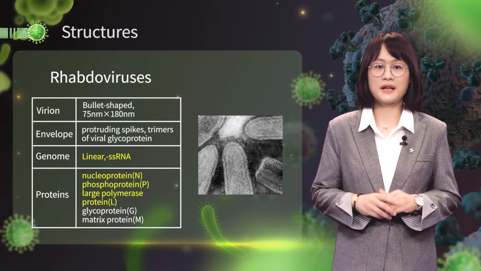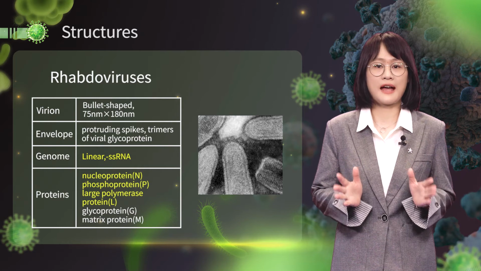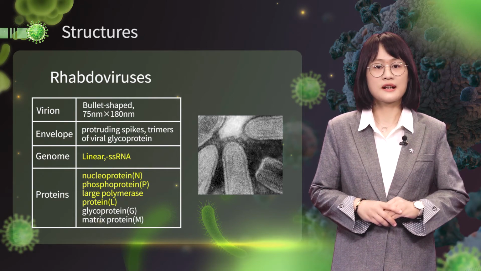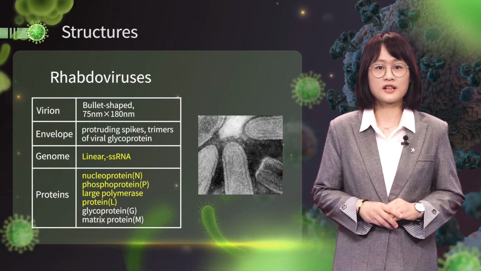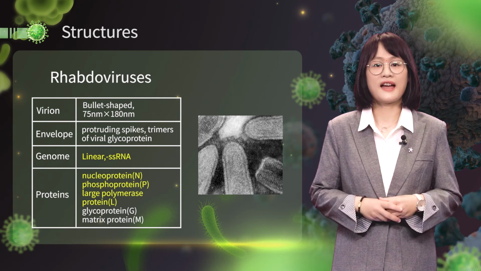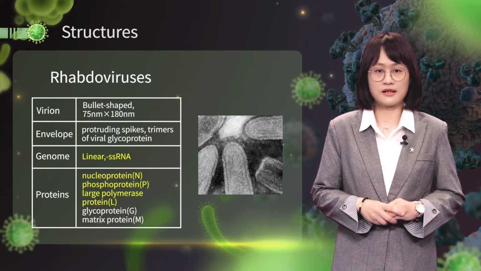Inside the envelope is a ribonucleocapsid. The helical nucleocapsid is coiled symmetrically into a cylindrical structure, which encloses a single-stranded negative sense RNA genome.